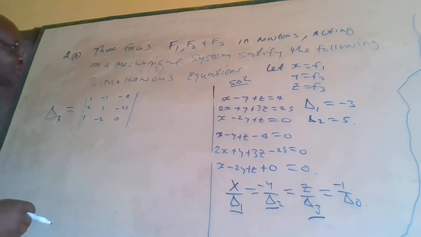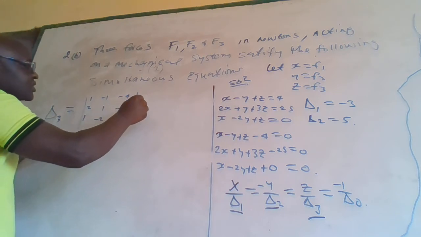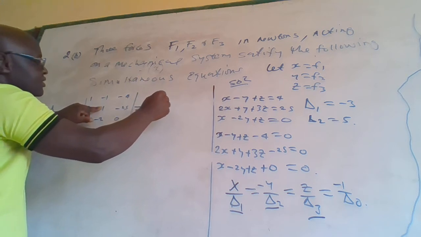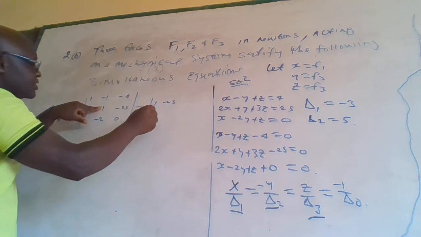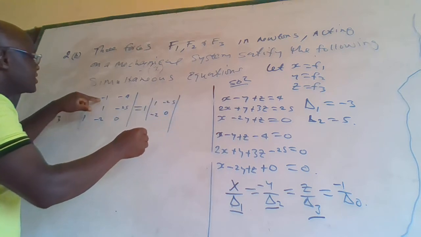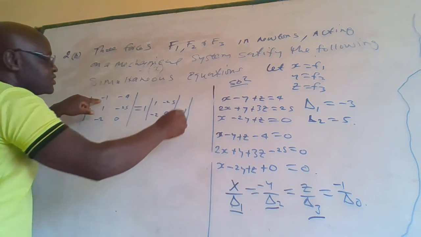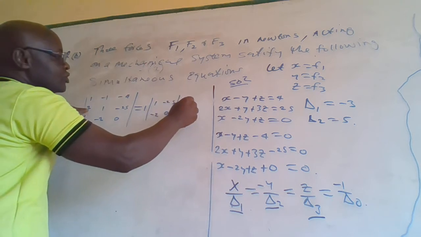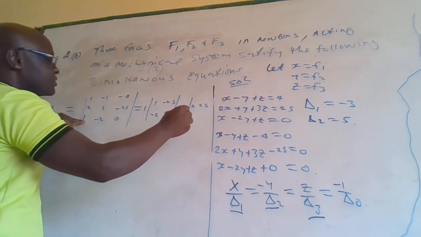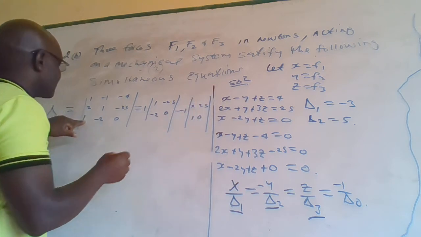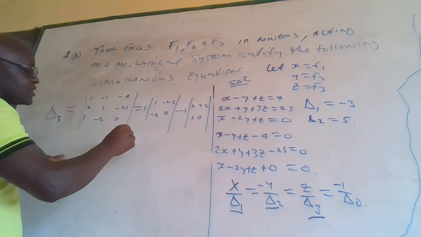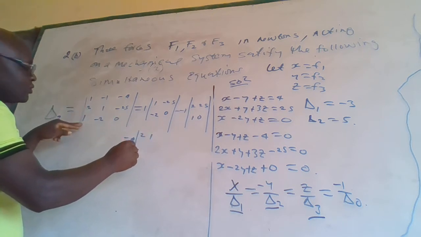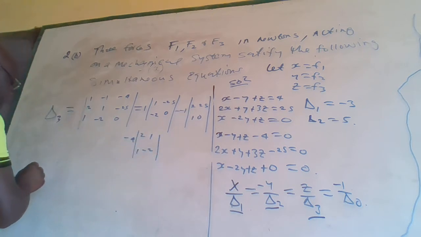So at this point, we again expand the determinant, so we shall have 1 into 1, negative 25, negative 2, 0, then we have minus 1 into, plug that column on that row, so we have 2, 25, then 1, 0, like that, and then lastly we have minus 4 into 2, 1, 1, negative 2, like that.